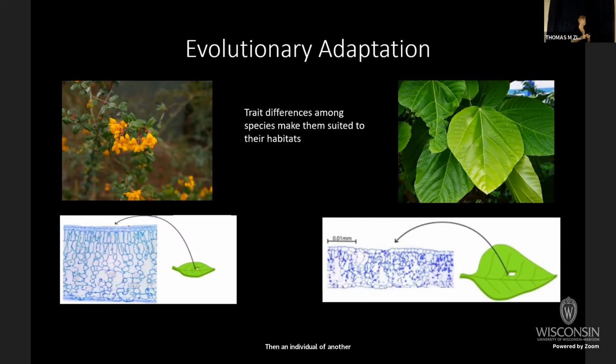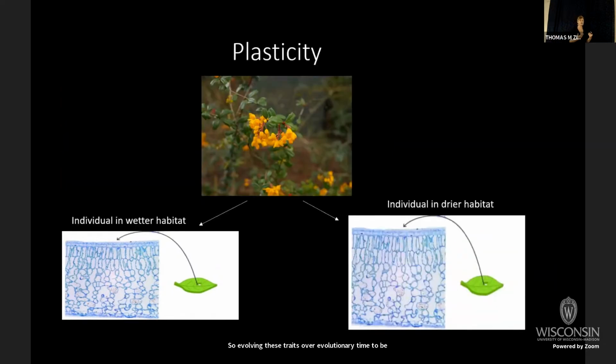Those differences come both from evolutionary adaptation, evolving these traits over evolutionary time to be best suited to the environments that they're in, but then there's also plasticity, which is responding in real time to environmental conditions.